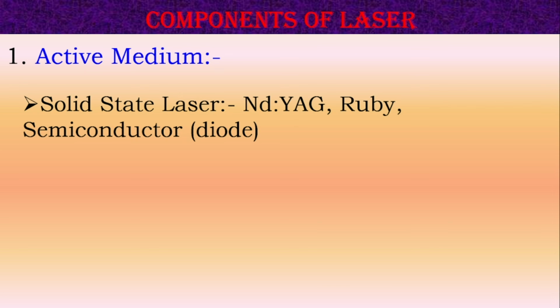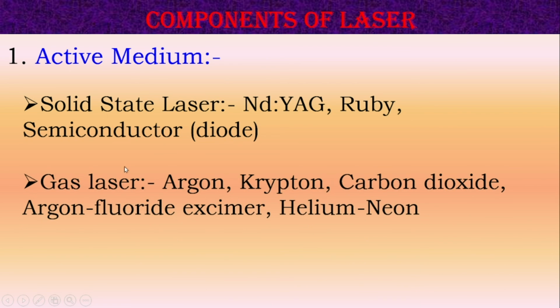In solid state laser, Nd:YAG, ruby, and semiconductor diode are used as the active medium. In gas laser, argon, krypton, carbon dioxide, argon fluoride, excimer, and helium neon are used as the active medium, and in liquid laser, dye material is used as the active medium.